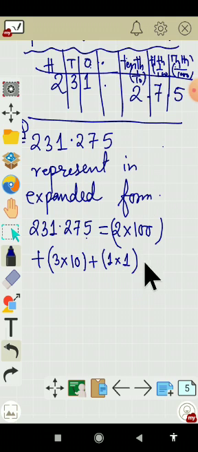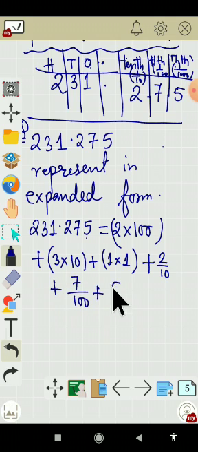Then again we have to write the addition symbol, and now after the decimal point, in the tenth position, we have the digit 2. So the value of this tenth position will be 2 by 10, then 7 by 100, then 5 by 1000. So this way we can represent any decimal number in expanded form.